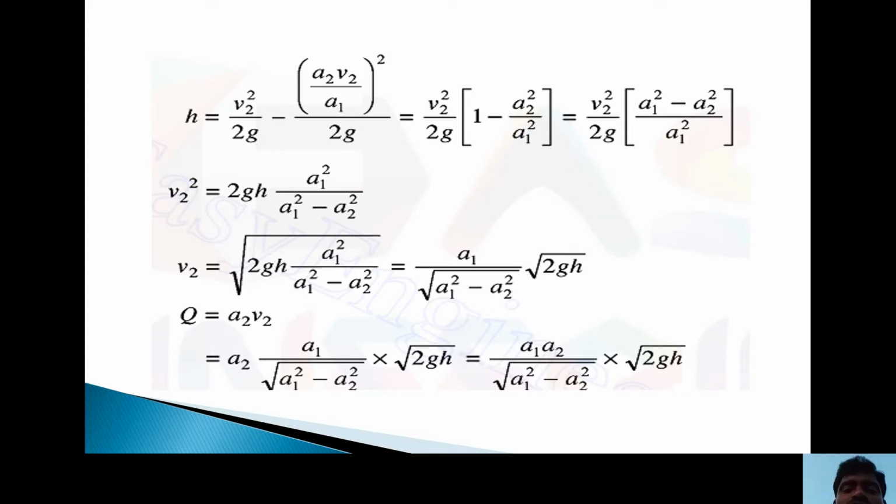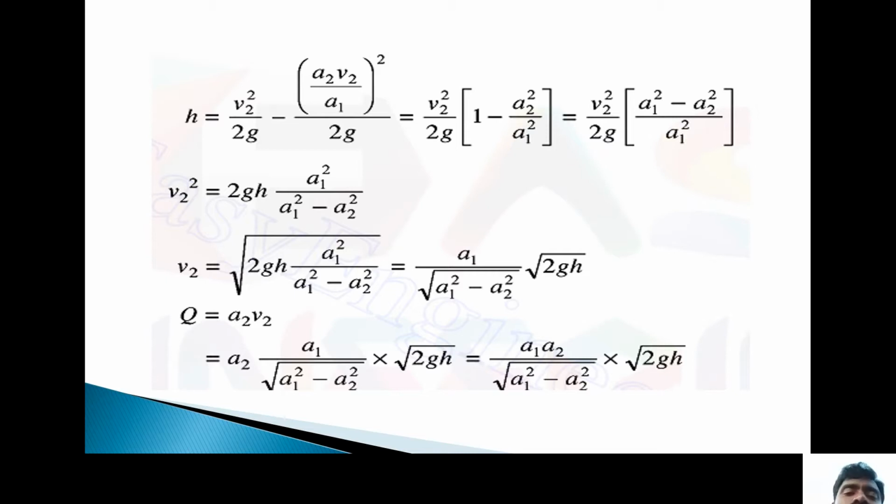Therefore, V2 square equals 2GH into A1 square by (A1 square minus A2 square). Now V2 equals the root of 2GH into A1 square by (A1 square minus A2 square), which equals A1 by root of (A1 square minus A2 square) into root of 2GH.